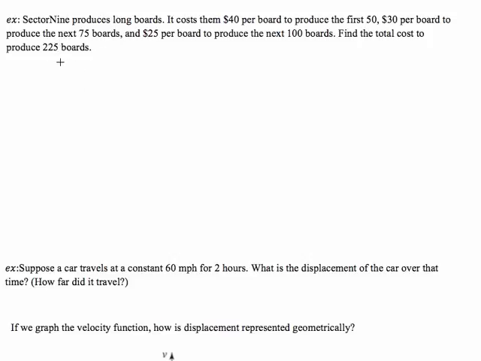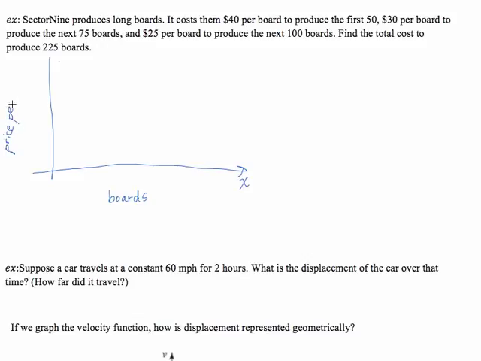Okay, and we're going to do this graphically as well. So let's put a little graph here. This is going to be number of boards on the x-axis and price per board on the y-axis.